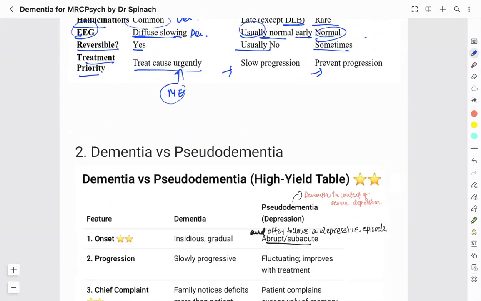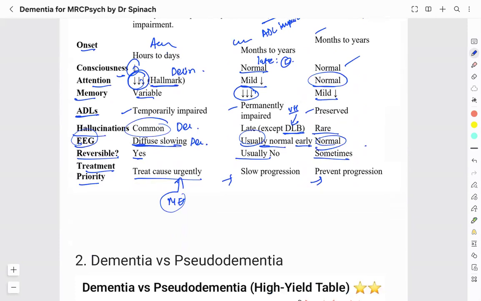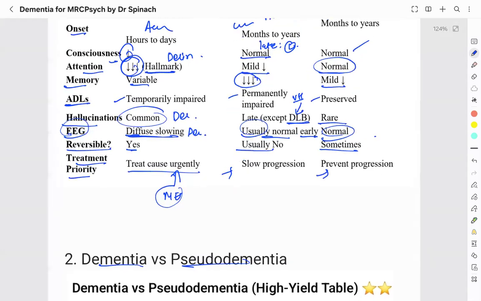Now going on to dementia versus pseudodementia. Can you tell me what the difference between them is, and how you know whether it's dementia or pseudodementia? What are a few major factors that will help you decide between the two?